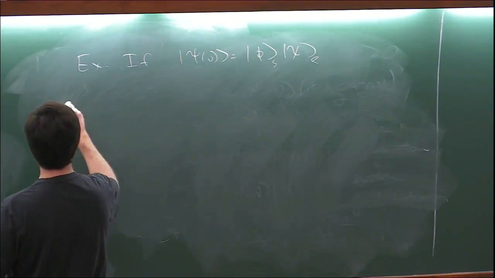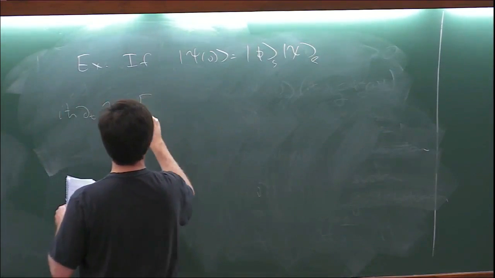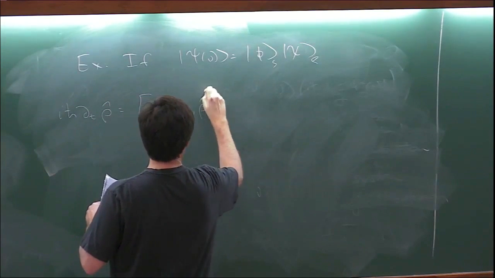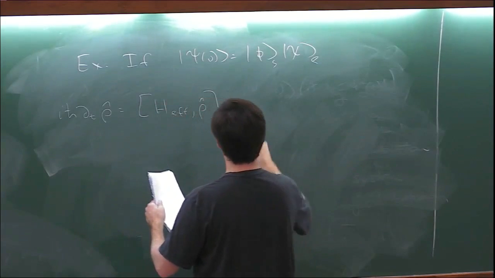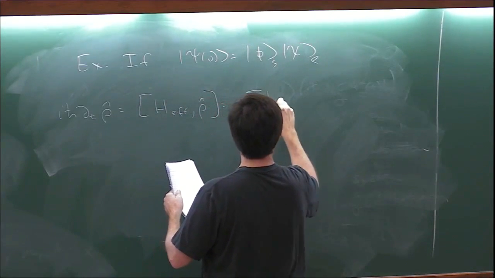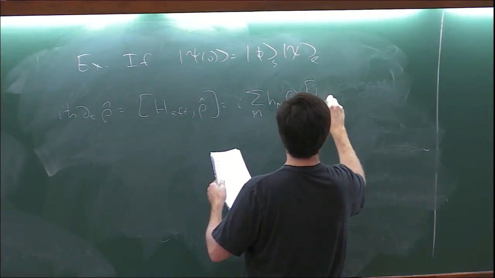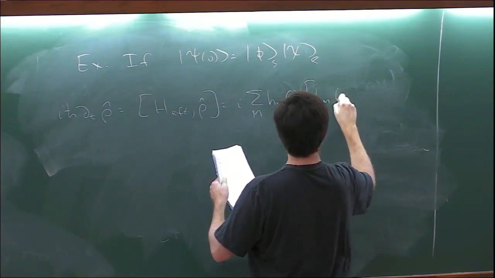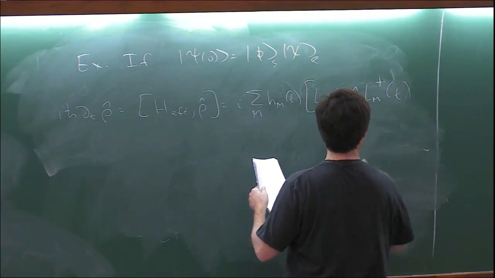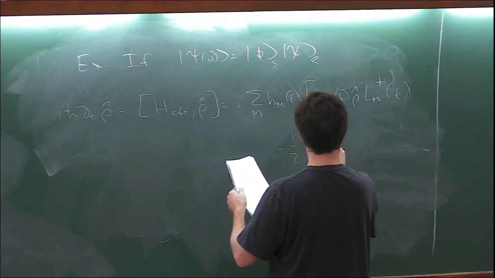And you can show that in this case, the evolution equation has the following form. I'll call some M, Hm of t, Lm of t, rho hat, Lm dagger of t, minus 1/2 times an anti-commutator.